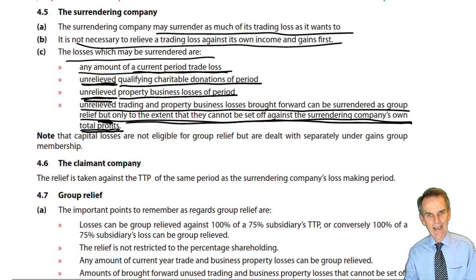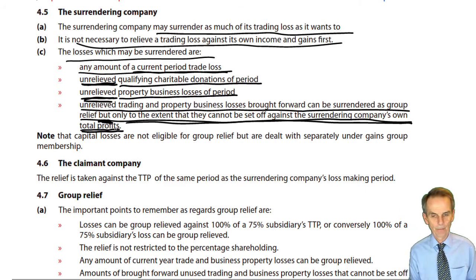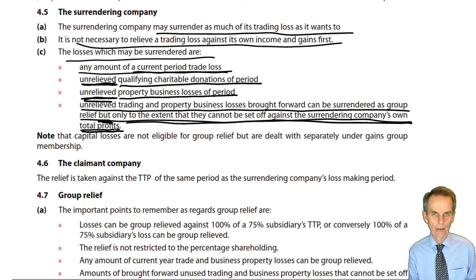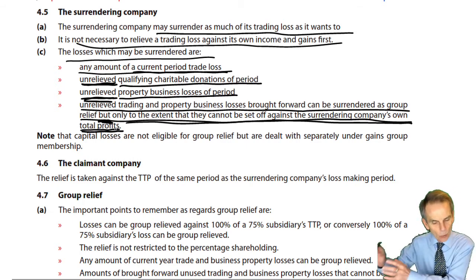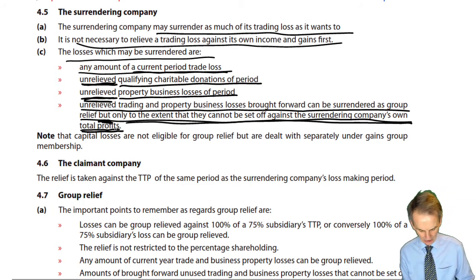Only then, if there is an excess, could any such excess amount be surrendered as group relief. The company with the losses brought forward must be deemed to use it against its own total profits first, before any excess over and above its own current period total profits. That is what could then separately be group relief. That is what you could then surrender.